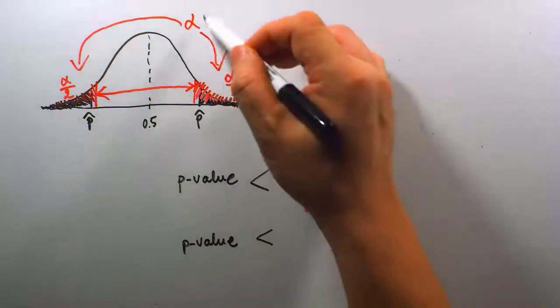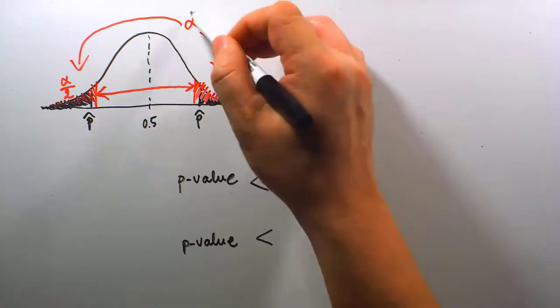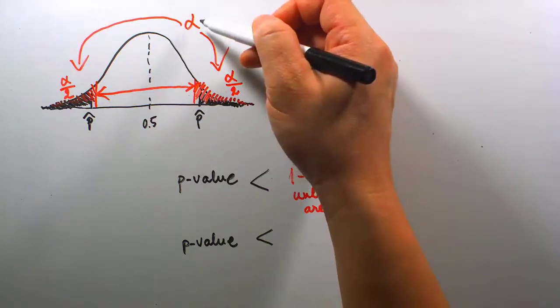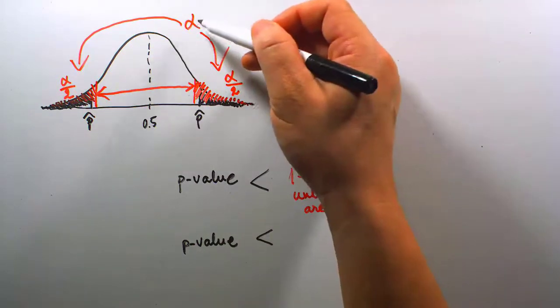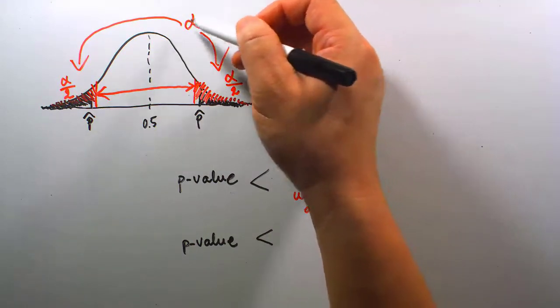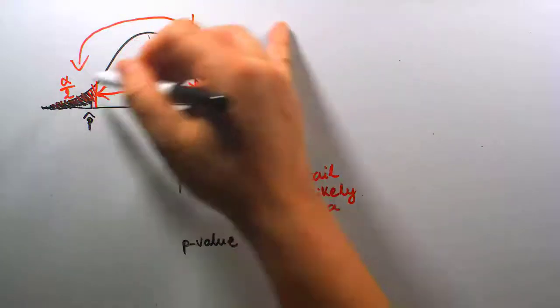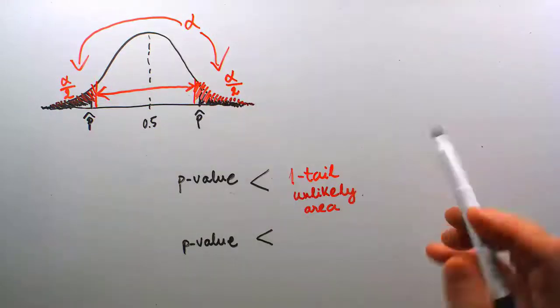Now when we're in the two-tail situation, it's only half of the actual significance level, because as I explained earlier, the significance level in a two-tail test like this is regarded as a two-tail significance level, where it already represents the two equal areas outside of the common area totaled up to equal alpha.